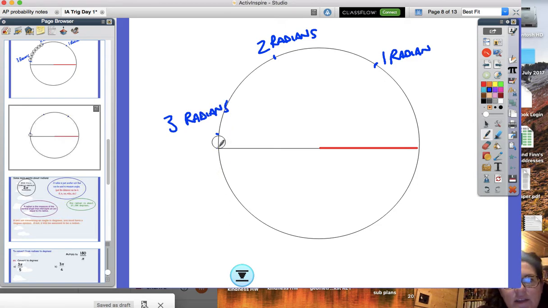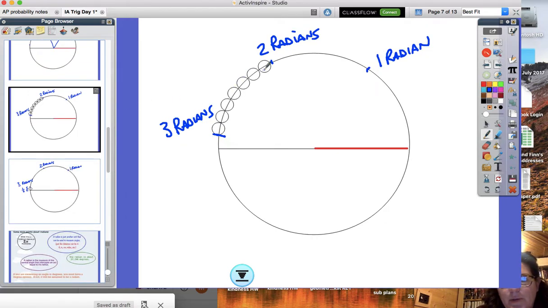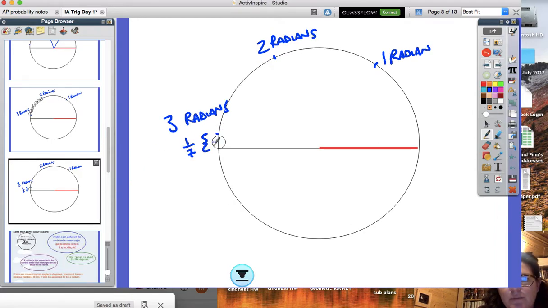And then this little bit right here is 1 out of the 7. Remember how, if I go back, each group was 7 Smarties. So this is 1 out of the 7 in the group that measured 1 radius.